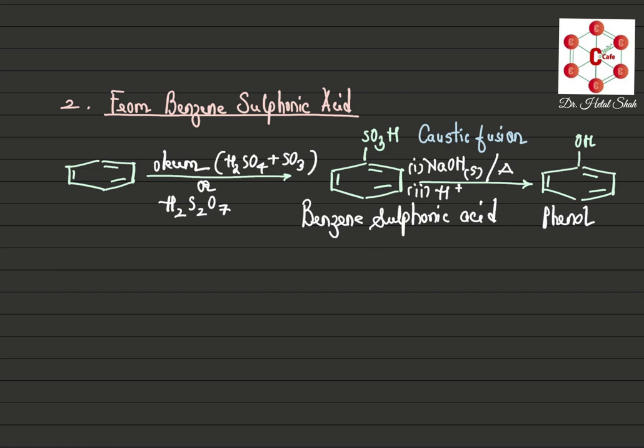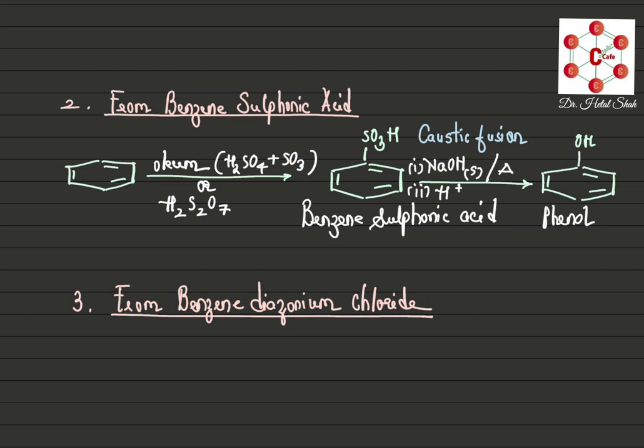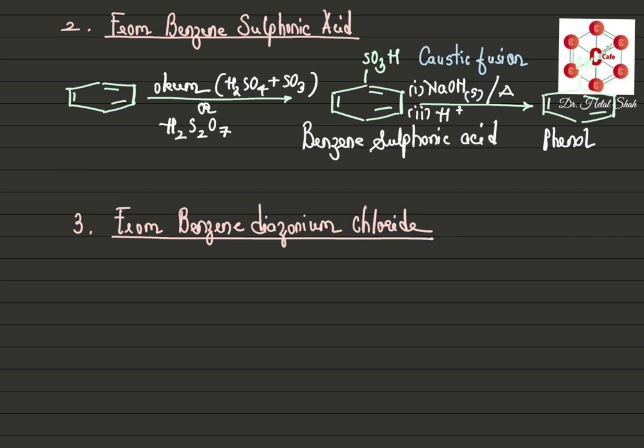The third method that we can talk about is from benzene diazonium chloride. So what do you get from benzene diazonium chloride?